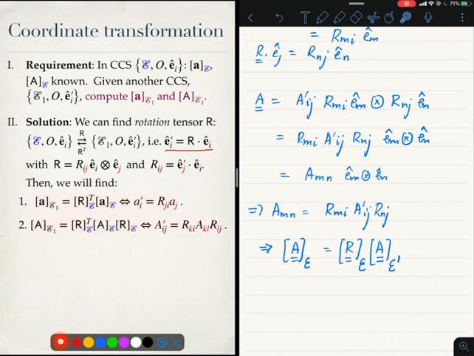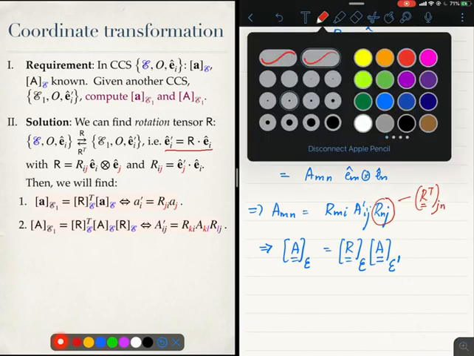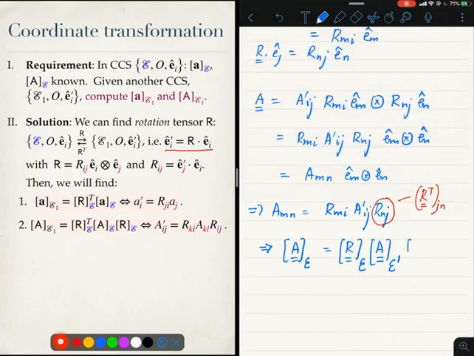So this is A prime_ij r_nj. Let's use a different color. I can write this as R transpose_jn, right? So that's what I'm going to do over here: write this as R transpose in E.